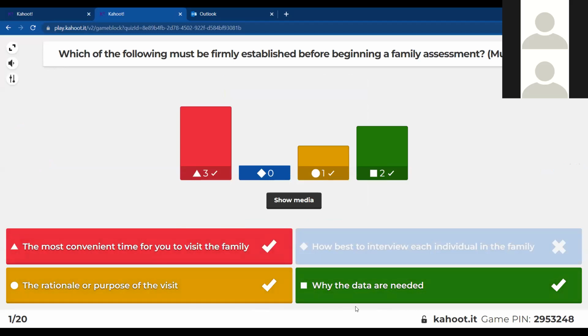Does anybody remember? The pre-visit phase. That's pre-visit, and what else? Initiation, the one before the pre. Good. So you're going to see when's a good time to visit, why are we going, and what do we need?